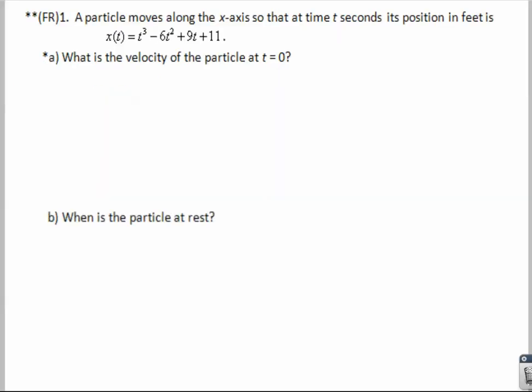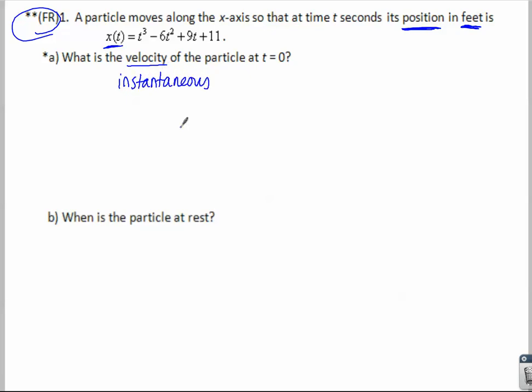Let's look at an example. A particle moves along the x-axis so that its position in feet is given by x of t. What is the velocity at t equals 0? Notice they didn't say average or instantaneous. Whenever it's not specified, it is instantaneous.